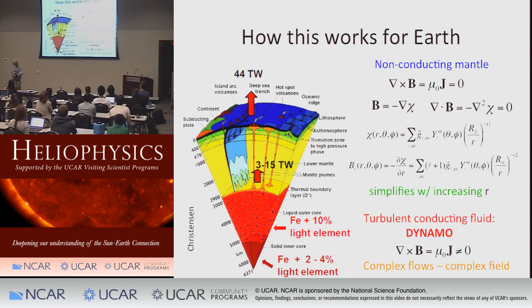So we sum this from 1 to infinity, but every higher power of l falls off as I go out from the core mantle boundary as a higher power of radius. So by the time you get up to the beach here in Hawaii, you're not going to see a lot of the higher l harmonics. They have kind of died away.